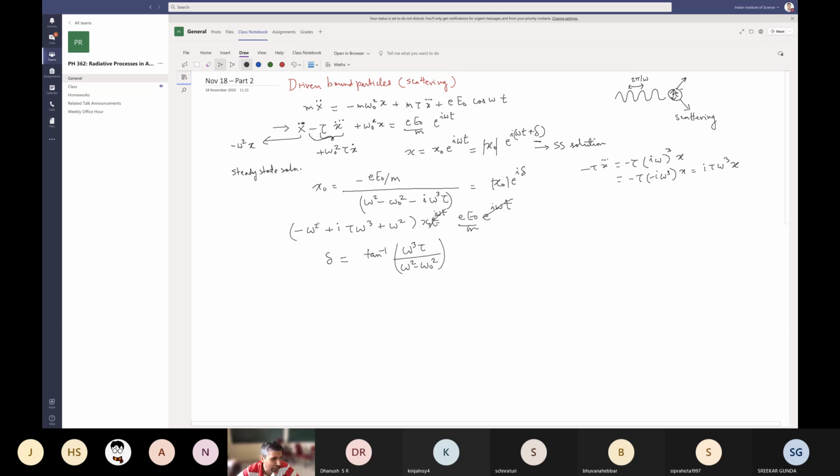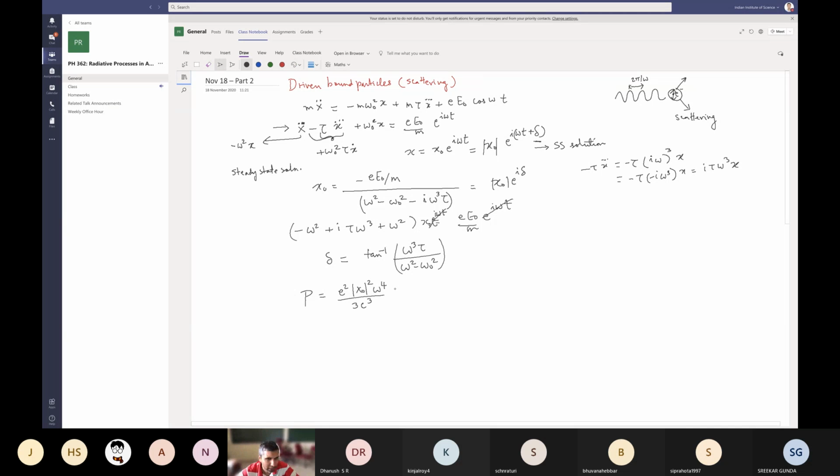So what about the power radiated in this case? Power radiated is equal to, we know the dipole formula, e squared x naught squared omega 4 by 3c cube.